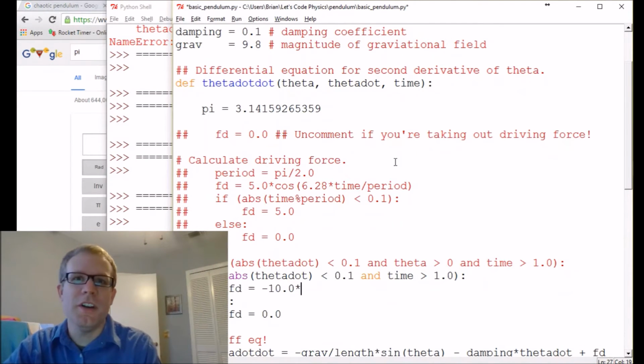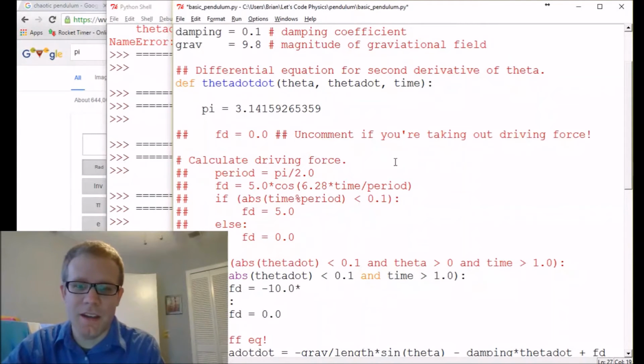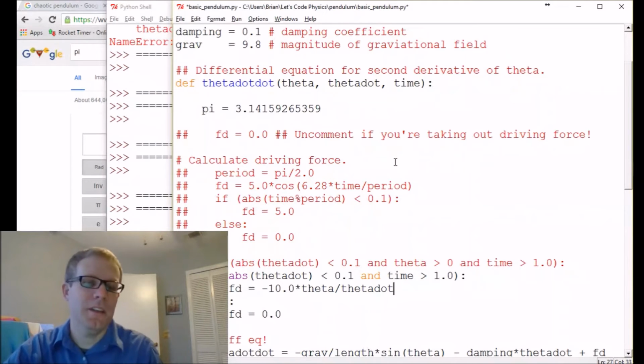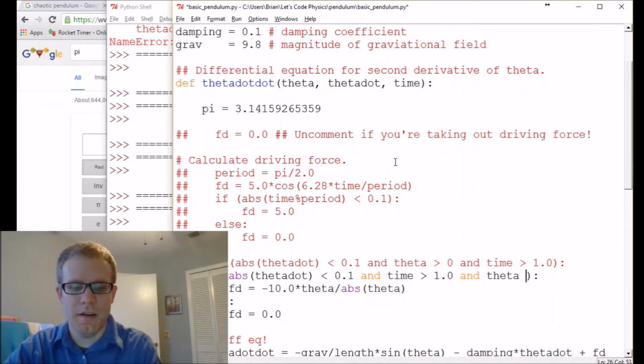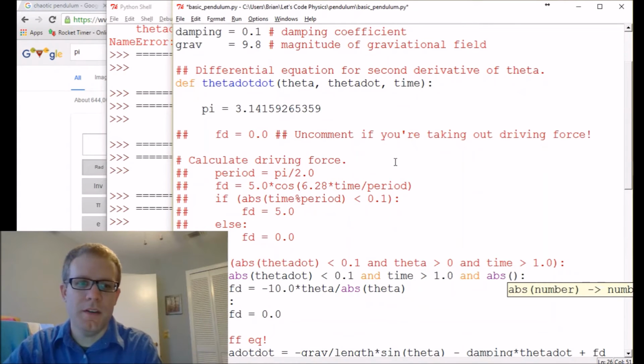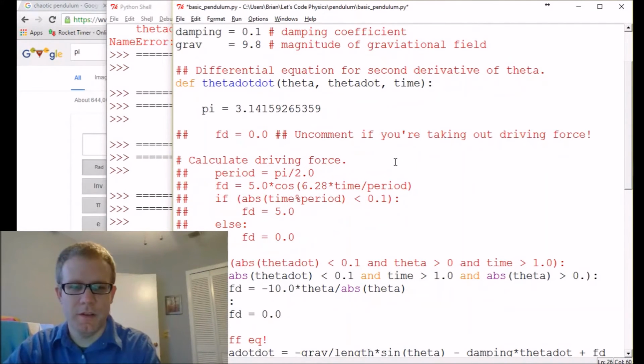So if your programming language doesn't know the sign function, it's easy to get. You just take the value theta and divide it by the absolute value of theta. There we go. Of course, that'll be a problem if the thing is 0. So let's say, and absolute value of theta greater than 0.1.